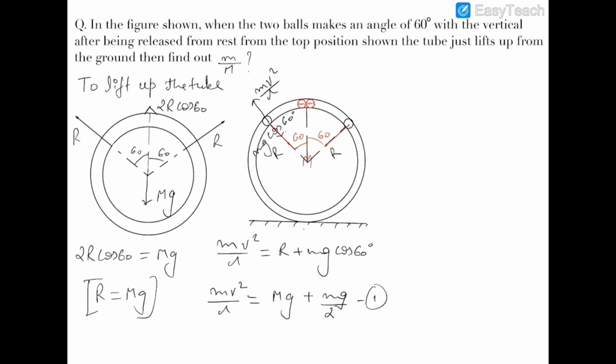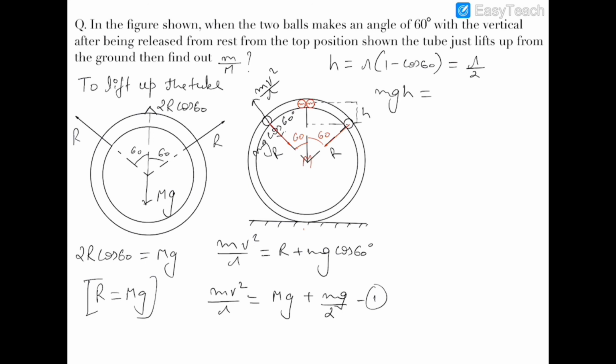Now the second equation will be obtained by balancing the energy, and this height, let's suppose it is h, and h will be equal to r times 1 minus cos 60, and cos 60 is half, so h will be equal to r by 2. So as these balls approach down, the work done by mg will be mgh.